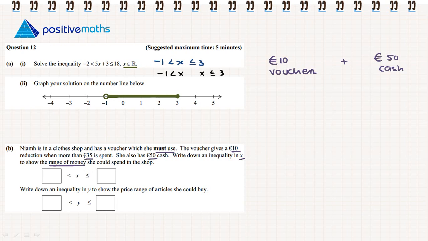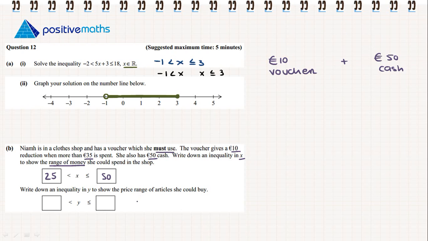Therefore, she needs to spend more than €35. But if she spends €35, she can use the voucher, so she'll only spend €25. The most cash that she has is €50, so that's the most amount of money she can spend. So x is greater than 25 and less than or equal to 50.